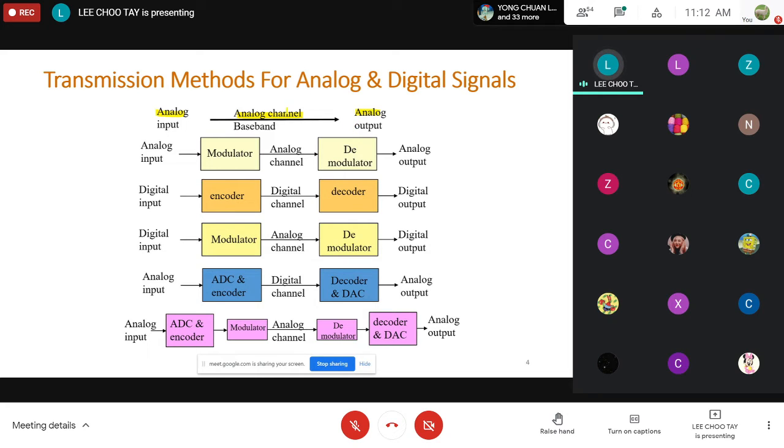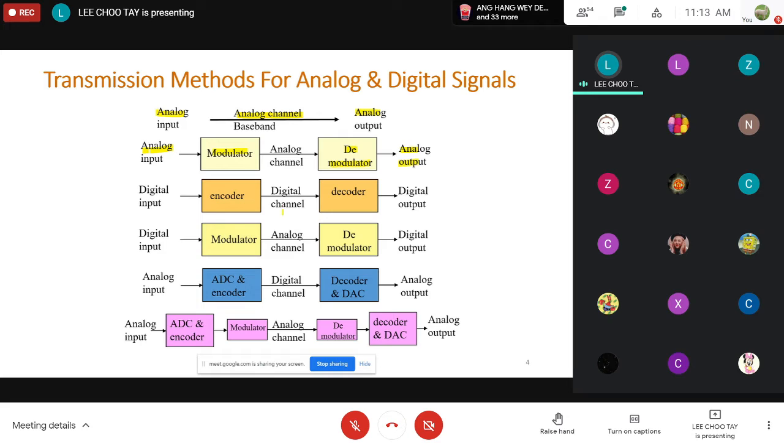But this is only for short distance. If you want your signal to travel a longer distance, then you have to modulate your signal. You need to modulate your analog signal so that it can travel along the analog channel, basically a wireless channel. At the receiver, you need a demodulator, a circuit to recover the signal and give you the signal that you actually sent at the source side.